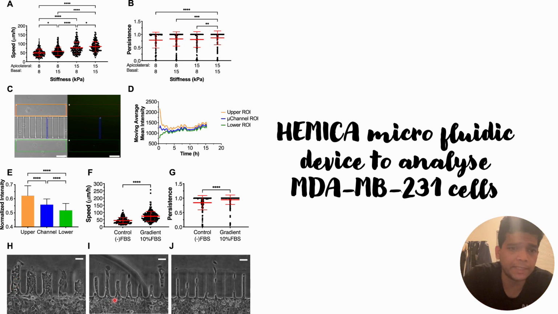However, when the channel width decreases, this multiple cell movement gets reduced, and it acquires more and more single cell movement that we can see in this J panel. And I is the transition form, where some of the cells move together, whereas as the width of this microfluidic device decreases, we can see more and more single cell movement.